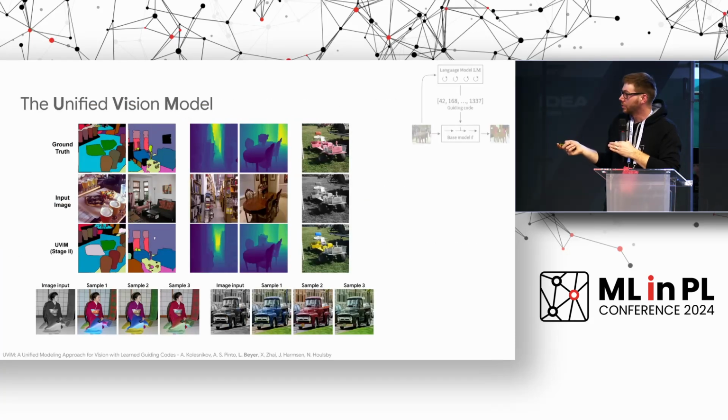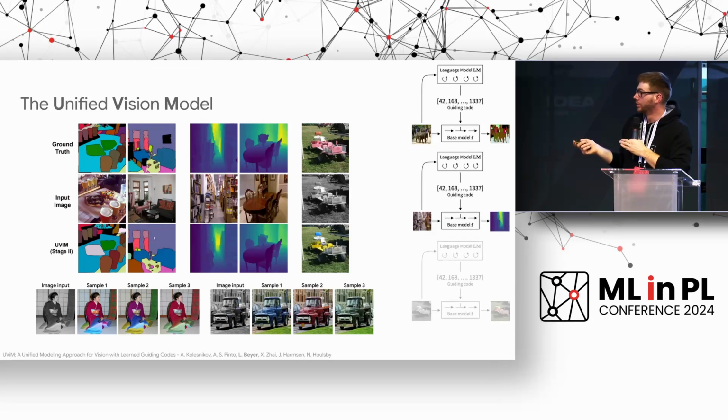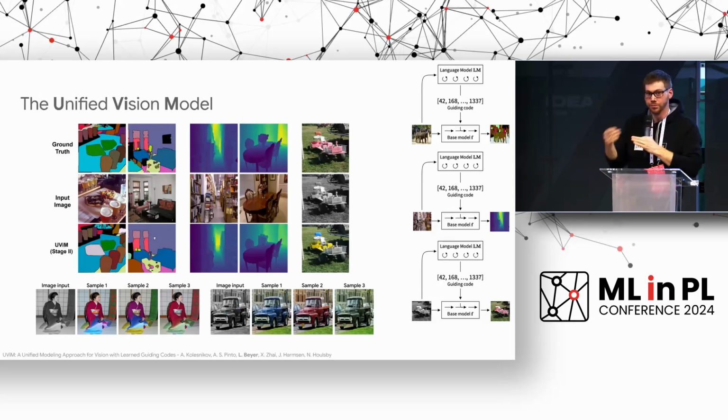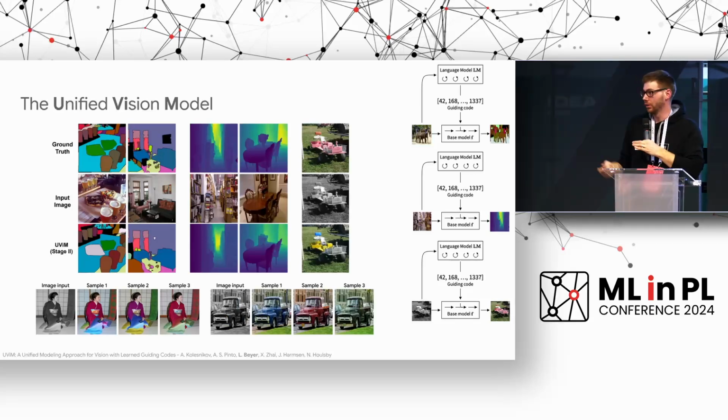And so in this work of ours from a few years ago, UViM, the Unified Vision Model, it's basically this model, and the exact same model can do all of these classic vision tasks reasonably well. So here we have panoptic segmentation, depth prediction, or colorization of a grayscale image. And they're all the same. You take the ground truth of the training set, of course, and you learn a dictionary on it to encode and decode the ground truth into the vocabulary.